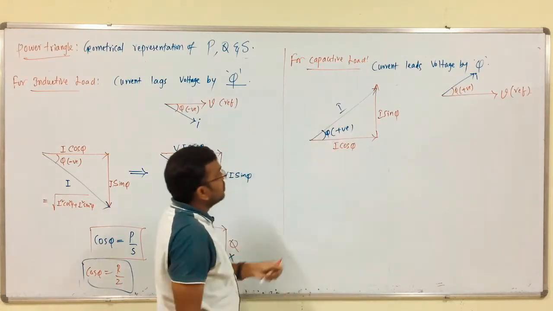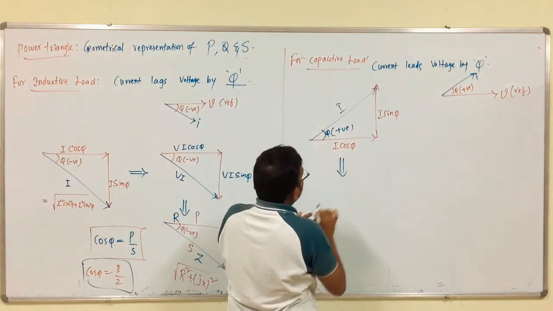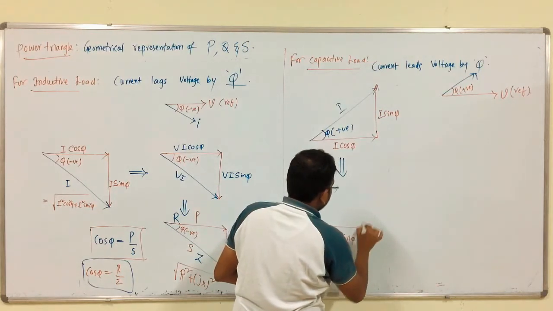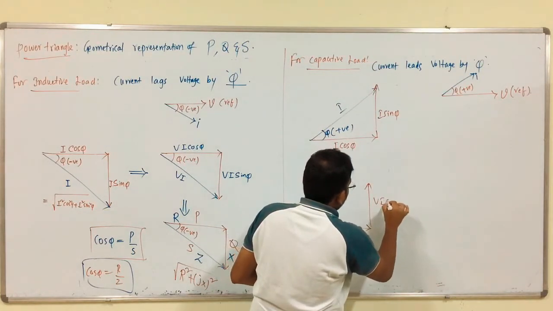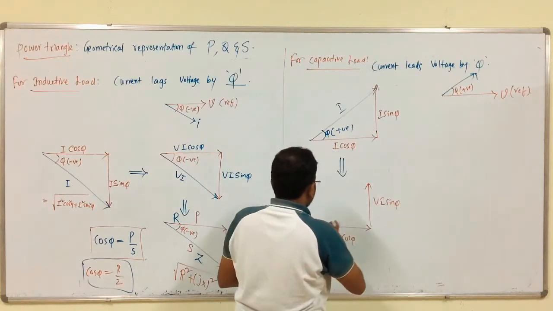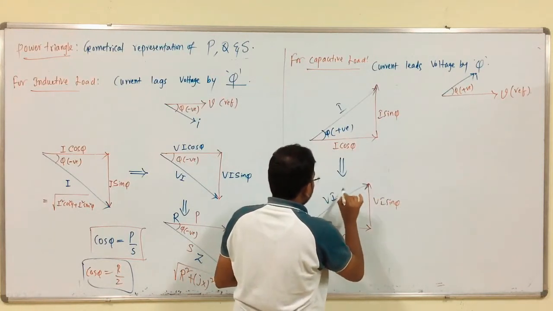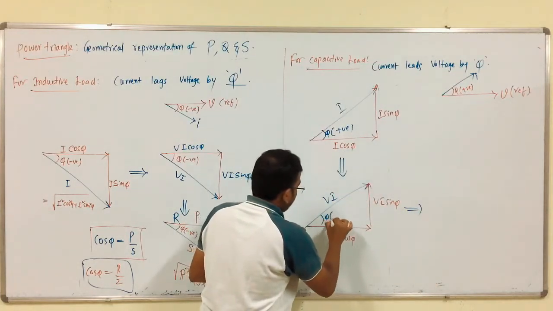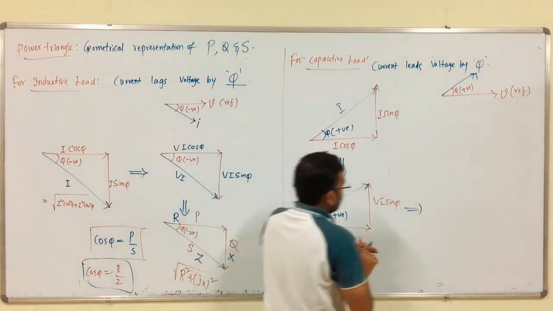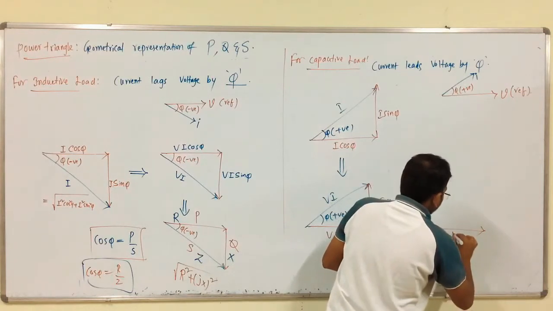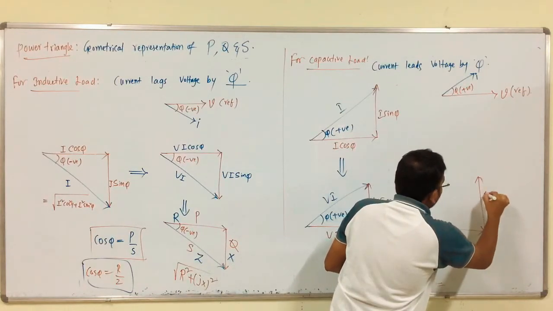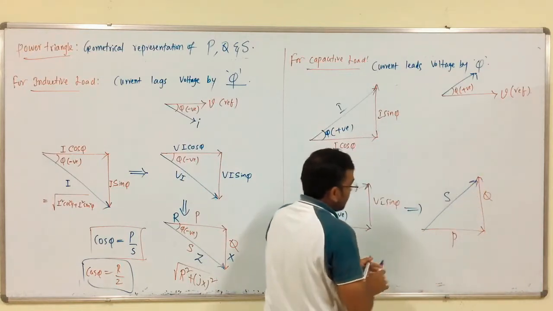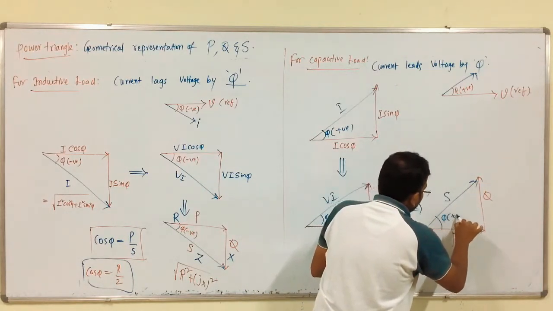Similarly, we write V I cos phi, V I sin phi, and the resultant is V I, where the phase angle phi is positive. The same phasors give P, Q, and the resultant S. This is phi, which is positive.